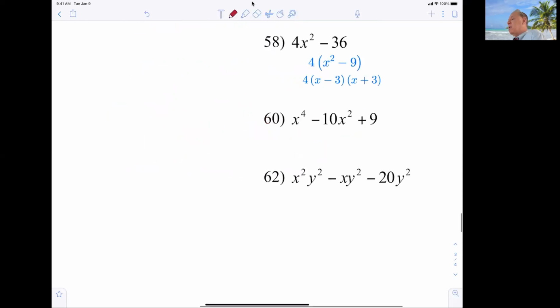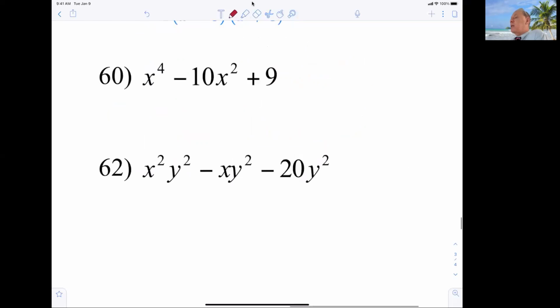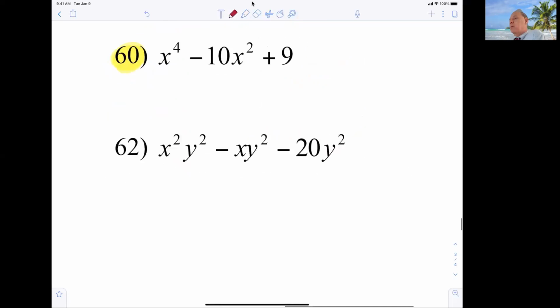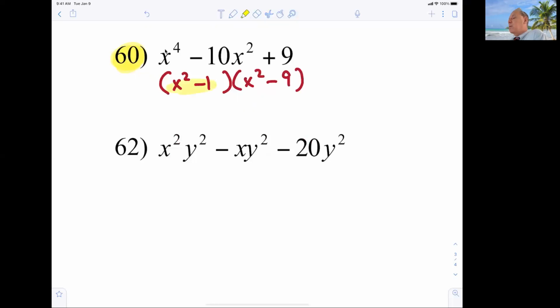All right, 60 now. 60 you can highlight. That's kind of a new problem. All right. So what does that factor to? Someone tell me. Good. So what is it? Yay, x squared minus 1 and x squared minus 9. Anybody have an issue with that? Now, the next thing is to look at x squared minus 1.